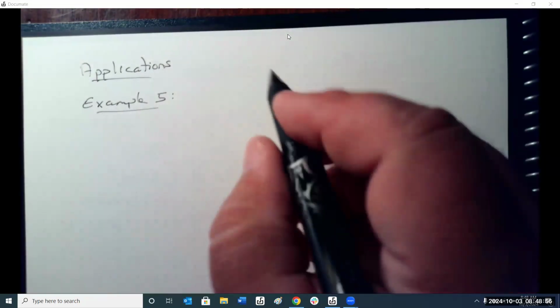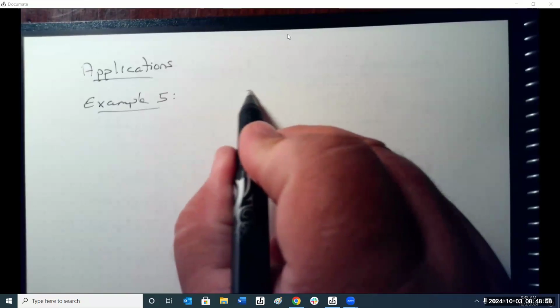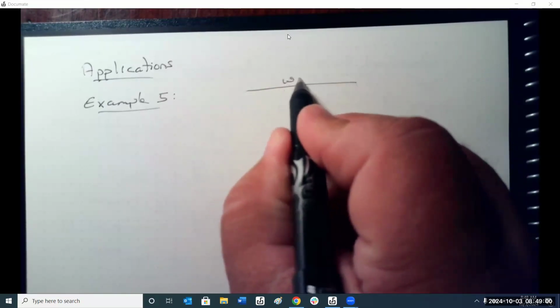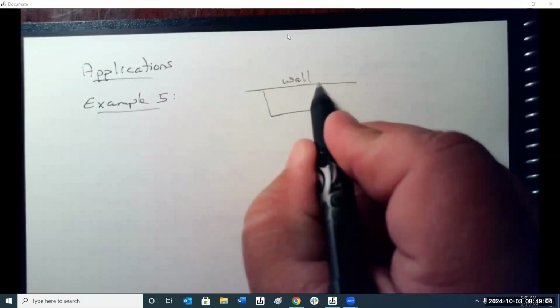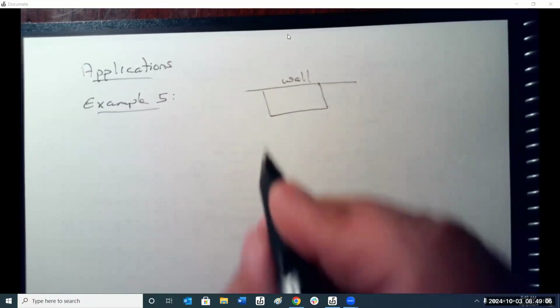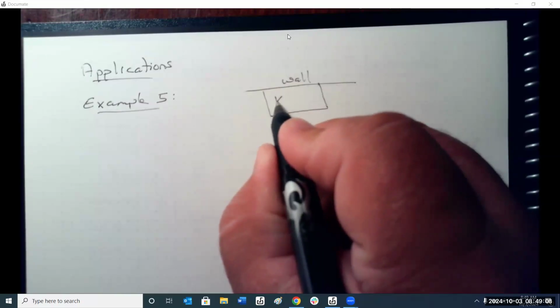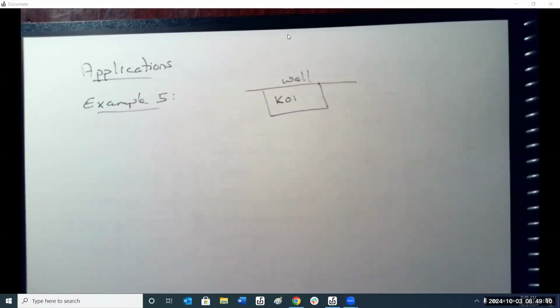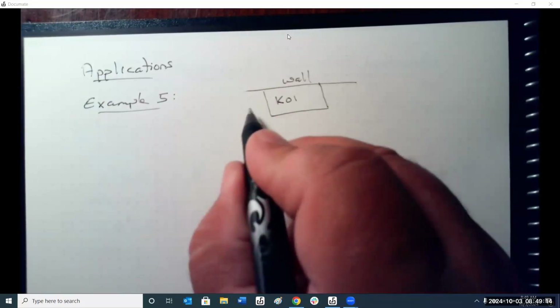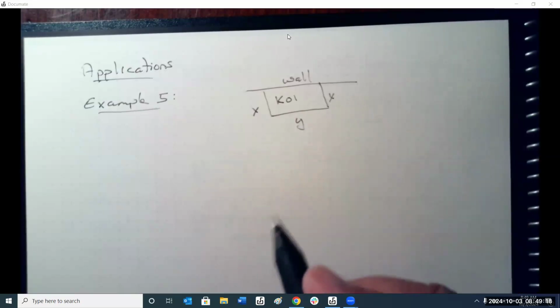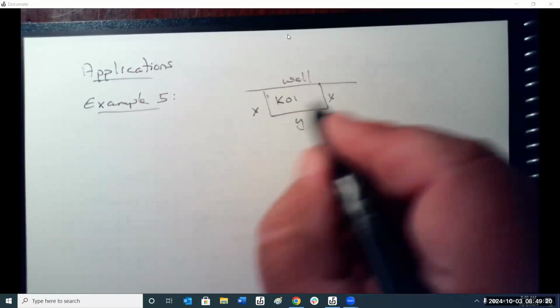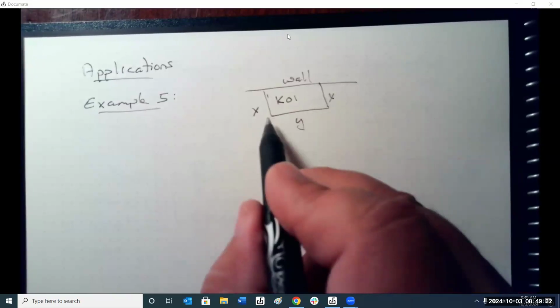All right, let's look at this. He has a wall, and he's going to use that as one part of his koi pond. He knows the total length here, but these two sides are going to be the same. This side's not.